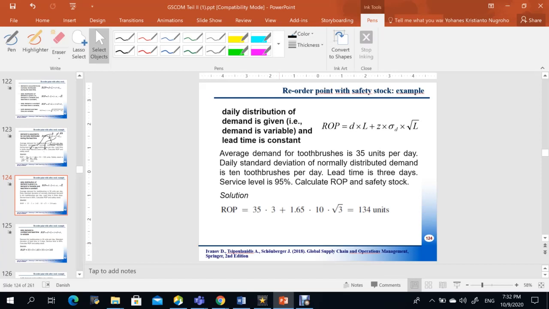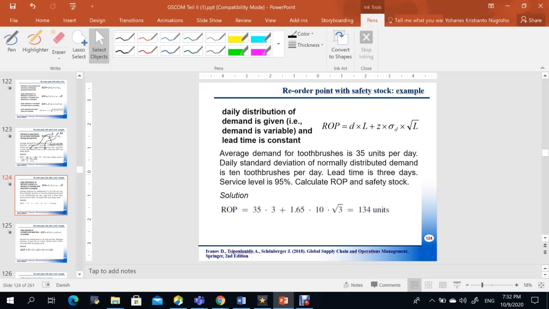Now we go to the next formulation, the second formula, where daily distribution of demand is given, meaning that demand is a variable and lead time is constant. Again, the average demand for toothbrushes is 35 units per day, and the daily standard deviation of normally distributed demand is 10 toothbrushes per day. Lead time is 3 days. Service level is 95%, and we have to calculate the reorder point and safety stock.